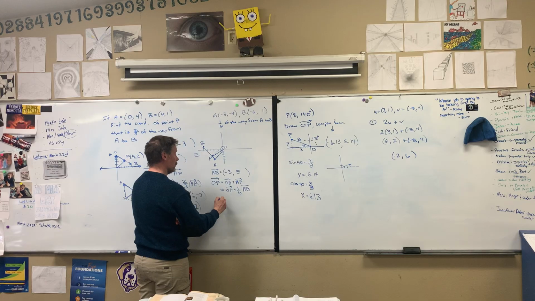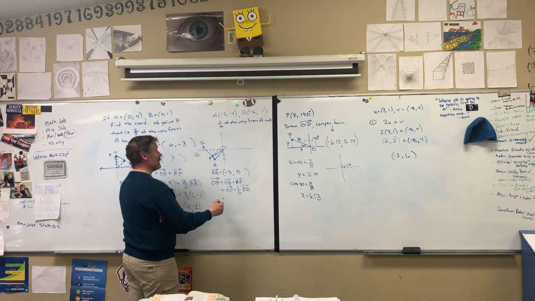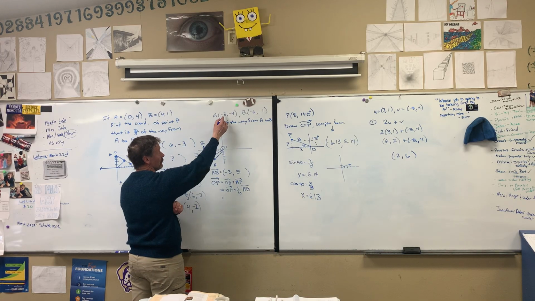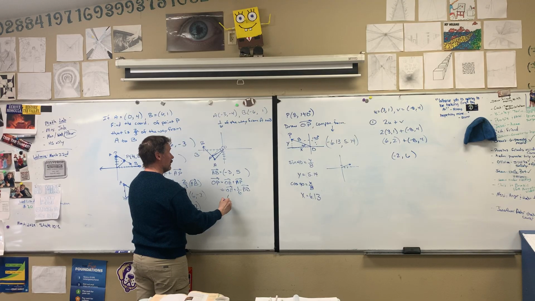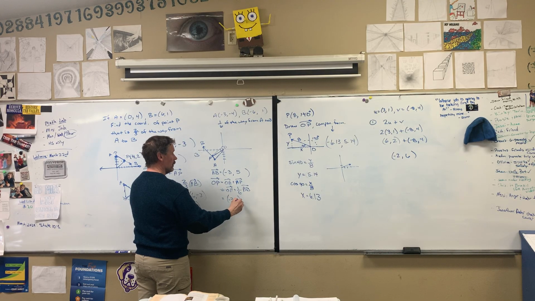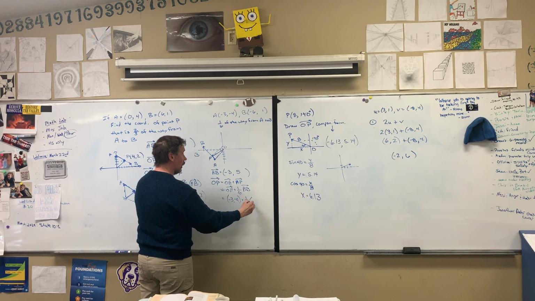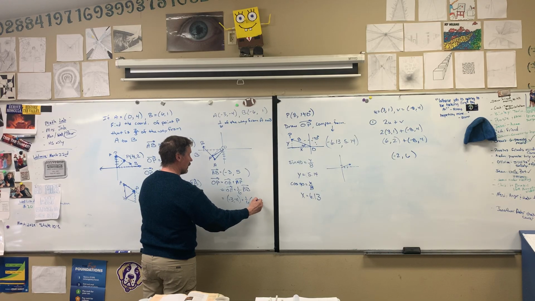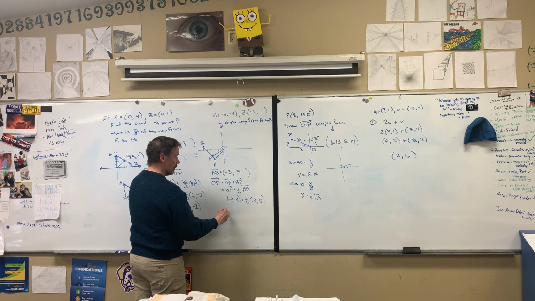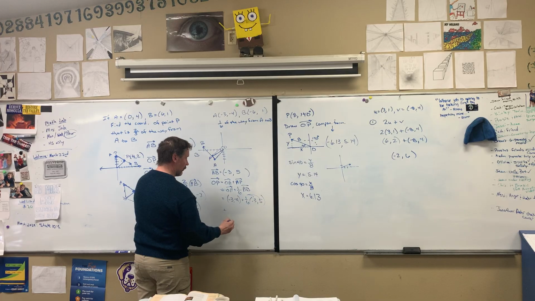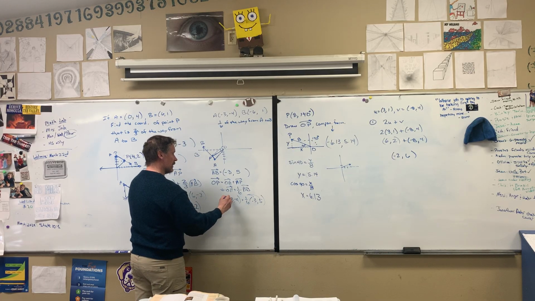And then OA, even though they didn't give us OA, we do know it, right? OA is negative 3, negative 4, plus 1/6 of negative 3, 5. And then we distribute the scalar multiplication and then add.